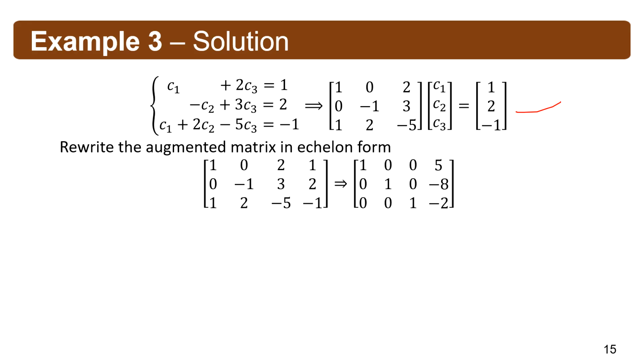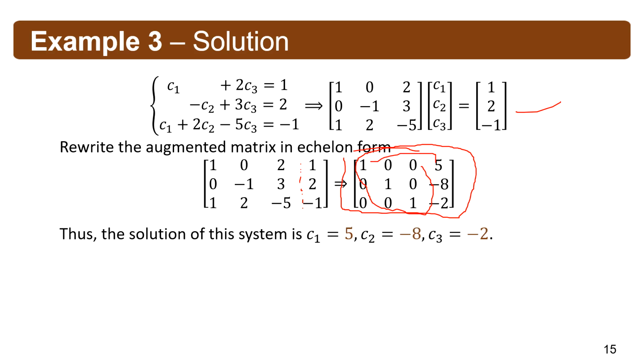From the augmented matrix, we have to change that, using your calculator, you can change this to this form, and with this, we have the identity matrix here. So from there, we can say C sub 1 is equal to 5, C sub 2 is equal to -8, and C sub 3 is equal to -2.